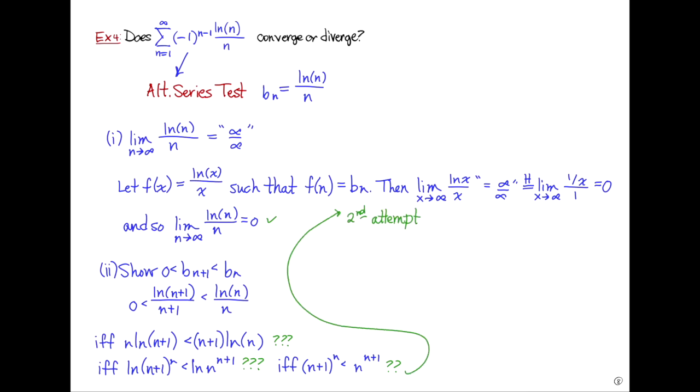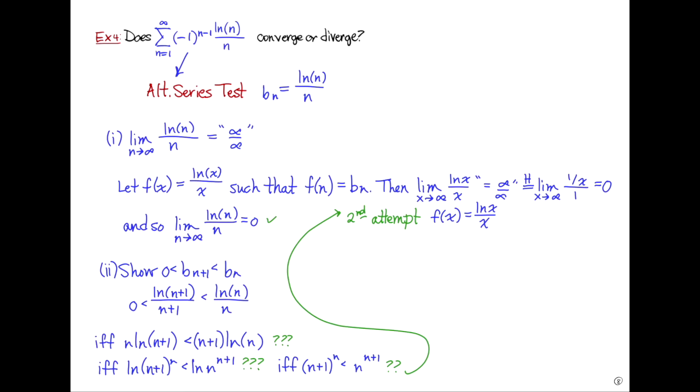To evaluate the limit, we had already defined f of x as the natural log of x over x. And we know from the integral test that we can prove that f of x is decreasing by taking its first derivative and looking to see if it's positive or negative.